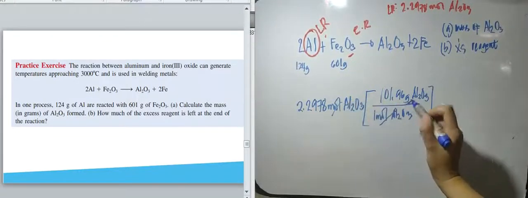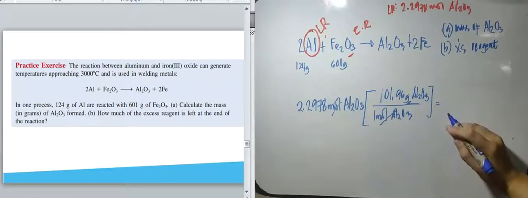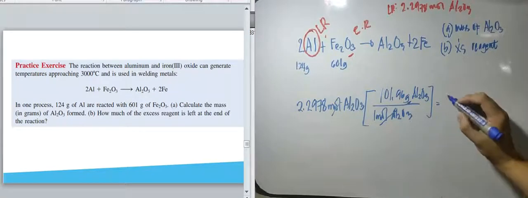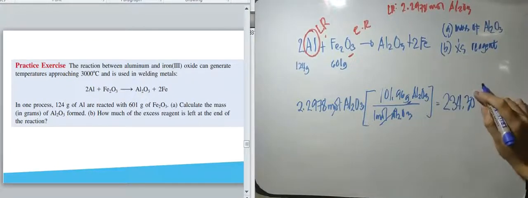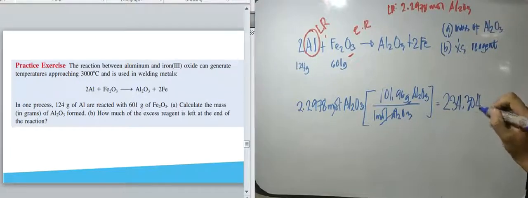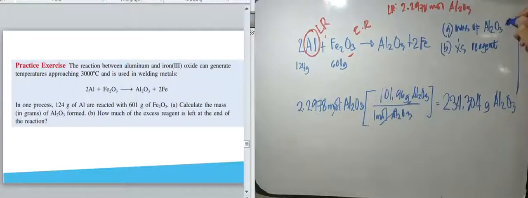So what is left is grams. So therefore, we have 234.34, oh, I'm sorry, 304 grams of Al2O3. Okay.